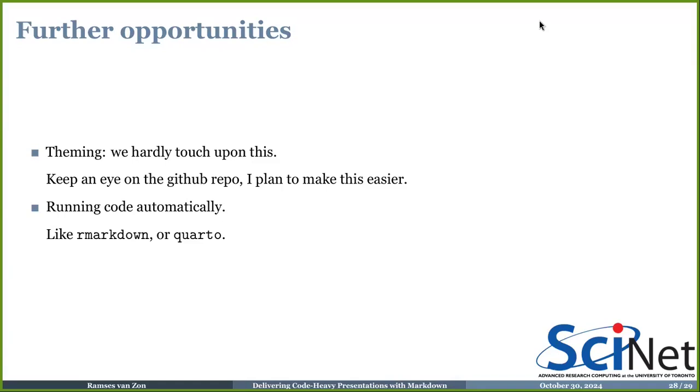And there are other markdown-based approaches that can actually generate the output of your code. So if you have Python or R that you want to run, that looks like R Markdown. If you've heard of Quarto, it does that too. That's something I've not touched on here, and I have opinions and points to make, but that's not for today.